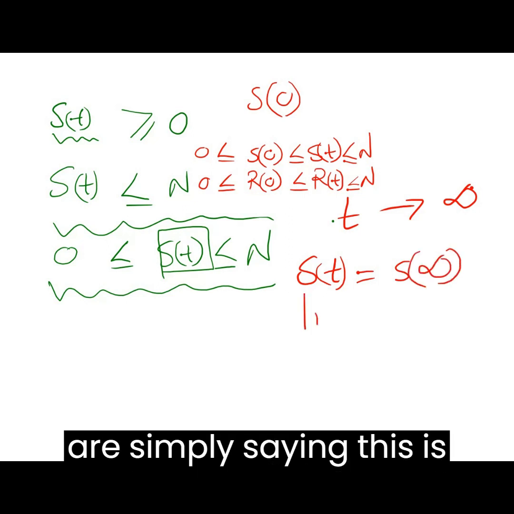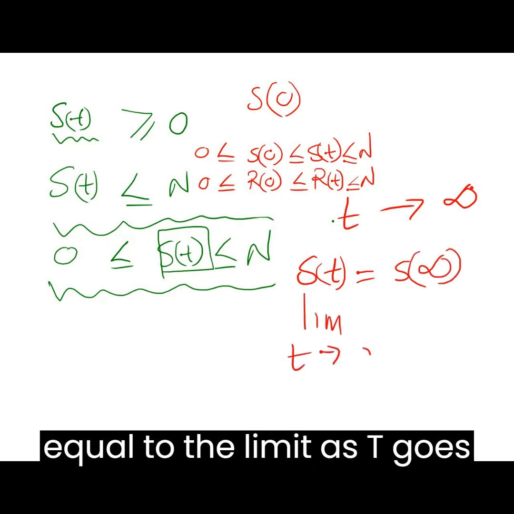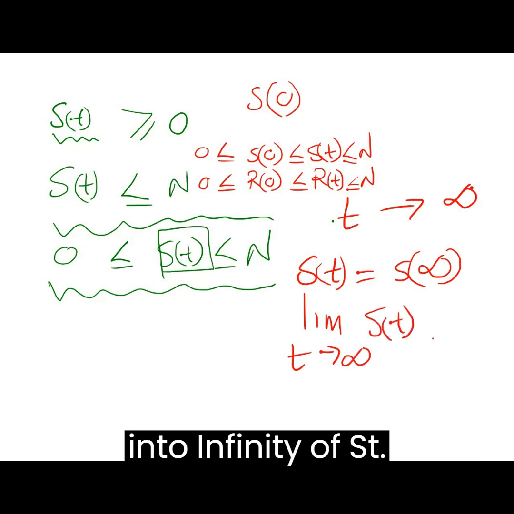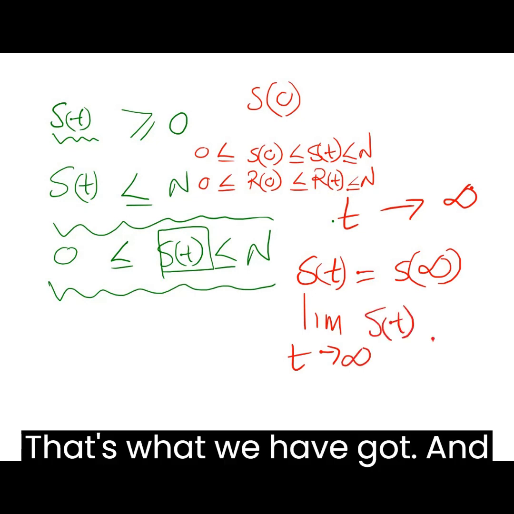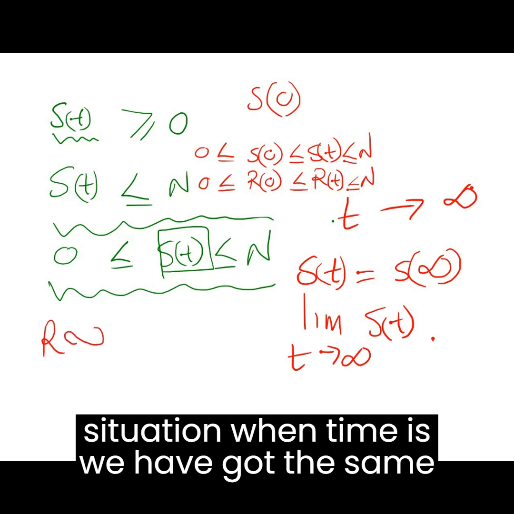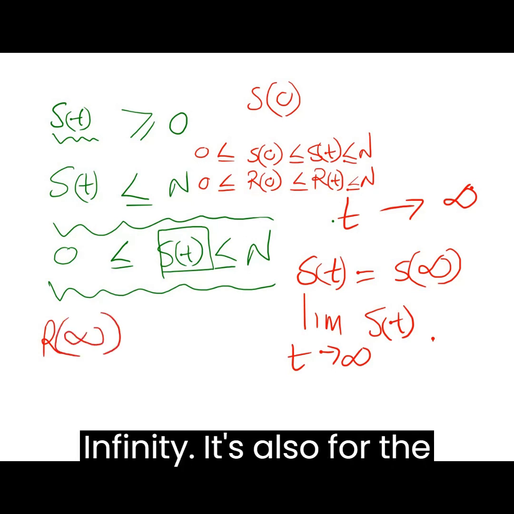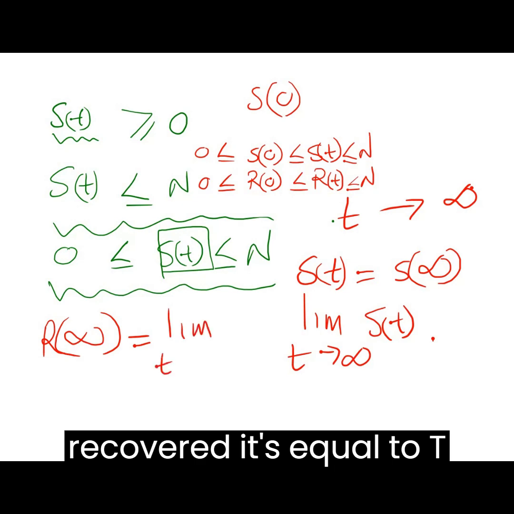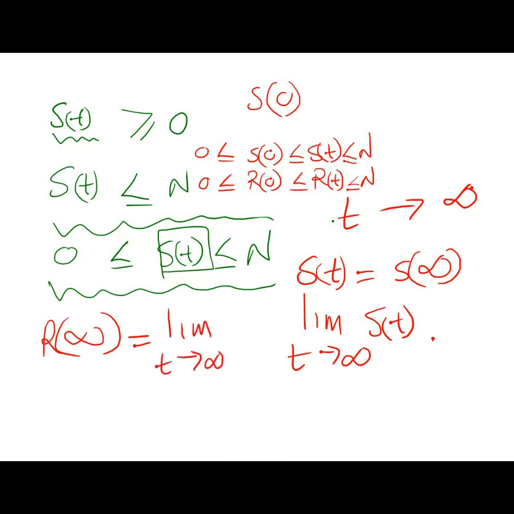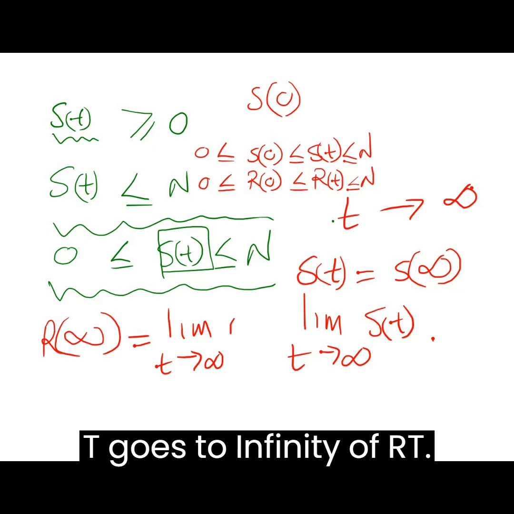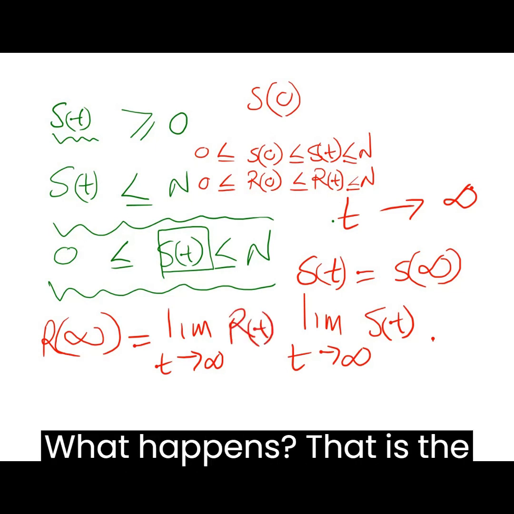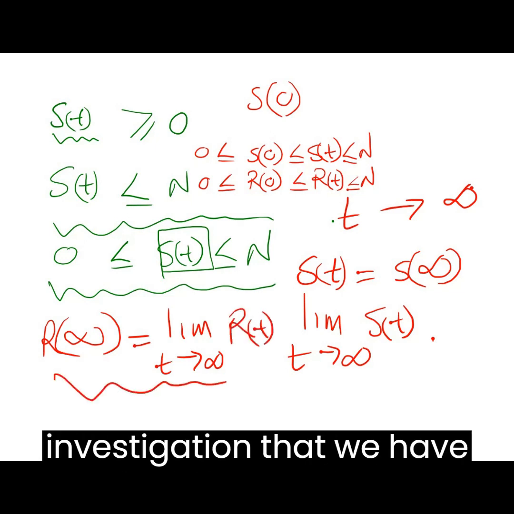And we are simply saying this is equal to the limit as t goes to infinity of s(t). We've got the same situation when time is infinity for the recovered: it's equal to the limit as t goes to infinity of r(t). What happens? That is the investigation that we've got.